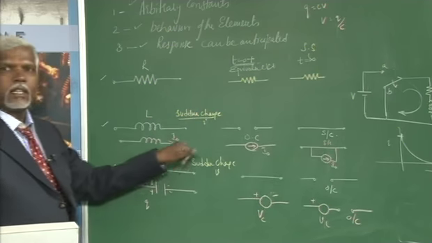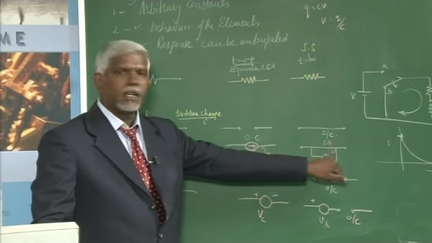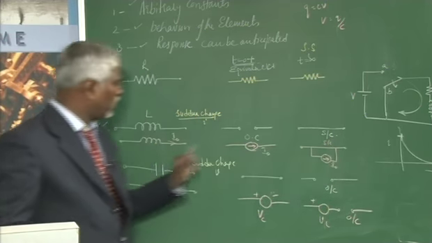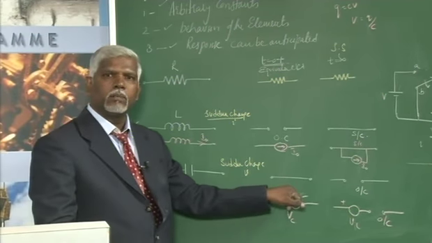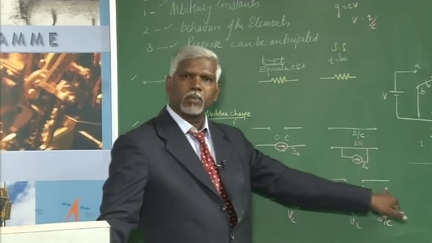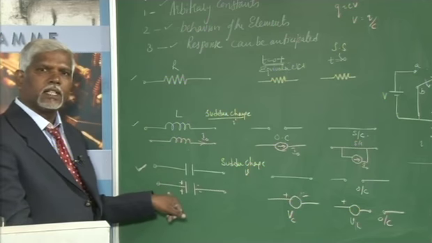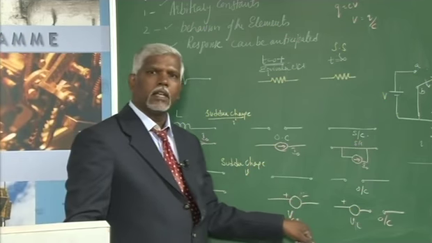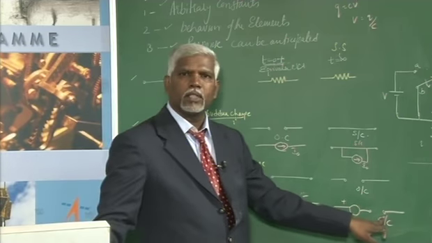Inductor with initial current acts as a current source at t equal to 0 plus, and at infinity acts as a short circuit. Capacitor without any charge will act as a short circuit, because there is no voltage before, there will be no voltage afterwards, and then finally it acts as an open circuit after the charge is attained. In case of a capacitor with initial charge, it acts as a voltage source only at the instant of switching, and then acts as an open circuit.